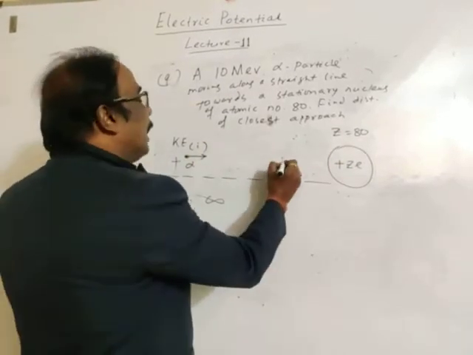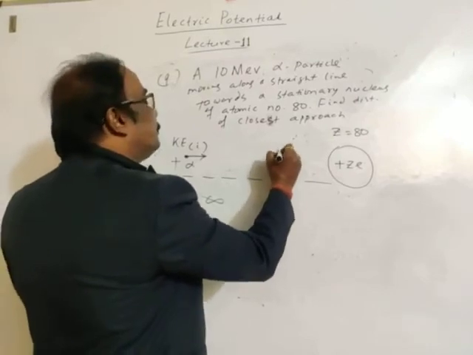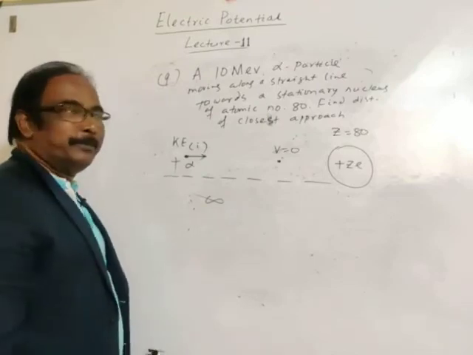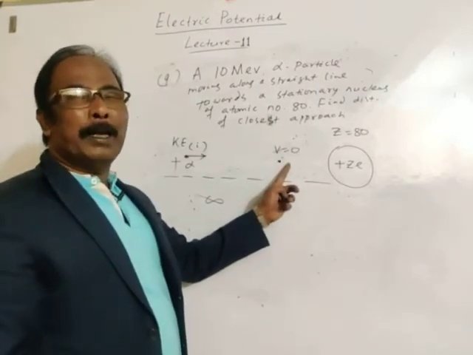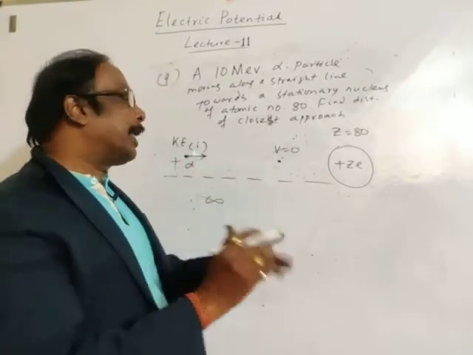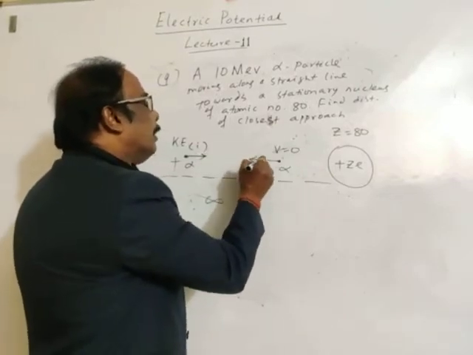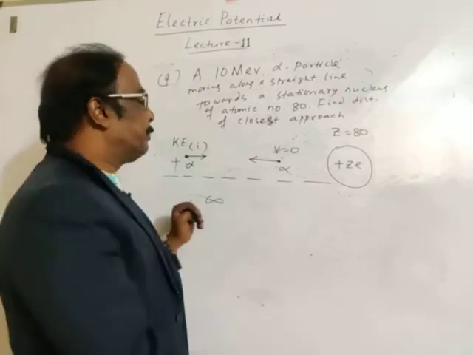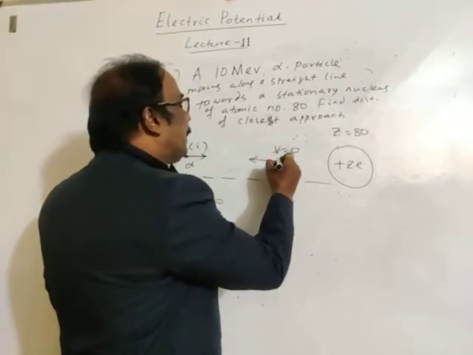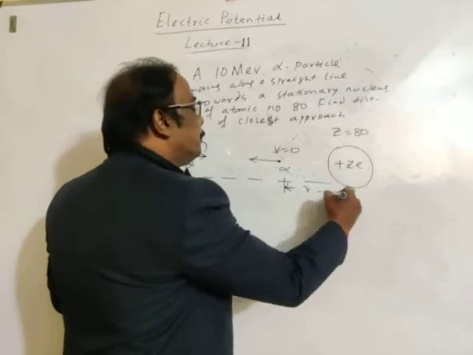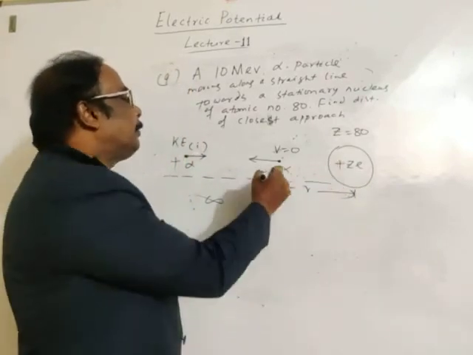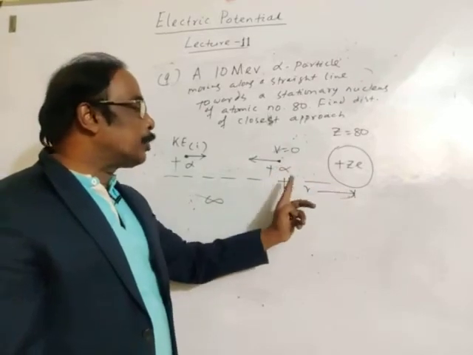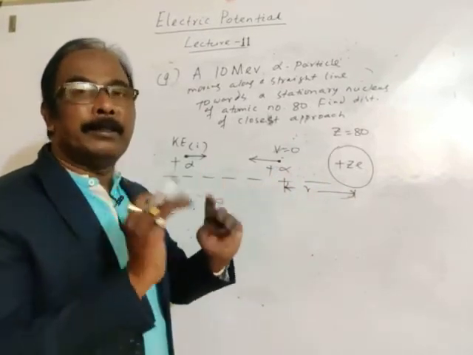So finally the alpha particle will come to temporary rest at this point. Thereafter, this alpha particle will again retrace its path in opposite direction. Because this is positive, alpha particle is positive, the motion is retarded, and this is the distance of closest approach. We have to find this distance.